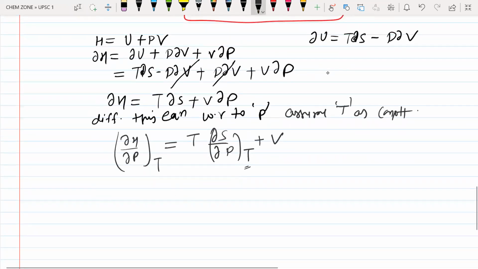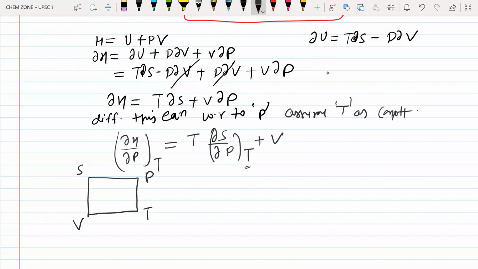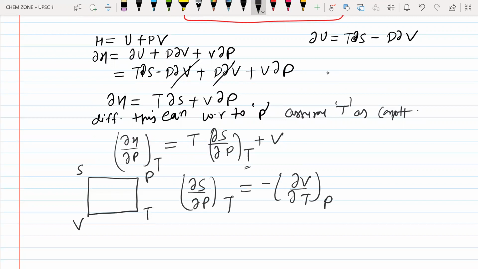Now, by using the Maxwell cycle, we can write that del S by del P at T is equal to minus del V by del T at P. This is S, P, T, V. We are moving anti-clockwise, so we can put the negative sign here.